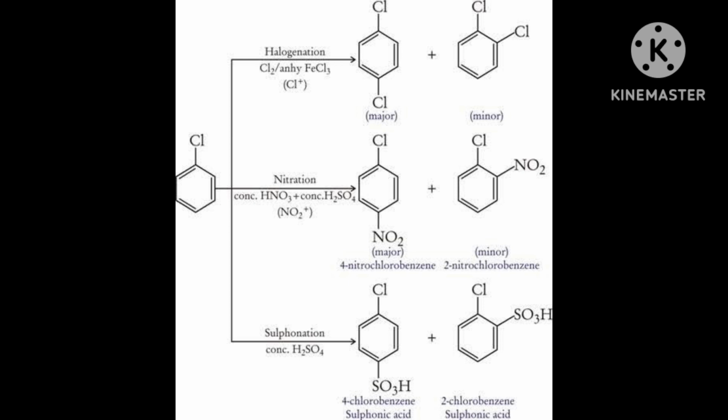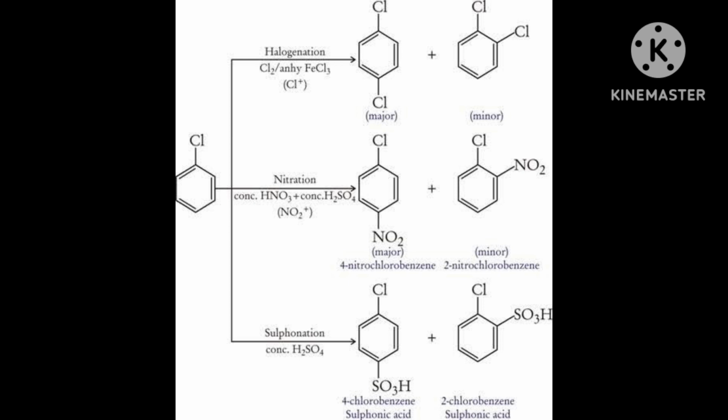Suppose NO2 is there at both para and ortho positions, then what will happen? Now very easily Cl will go, and in its place OH will come. Then it will form 2,4-dinitrophenol. Correct? This I have told you.